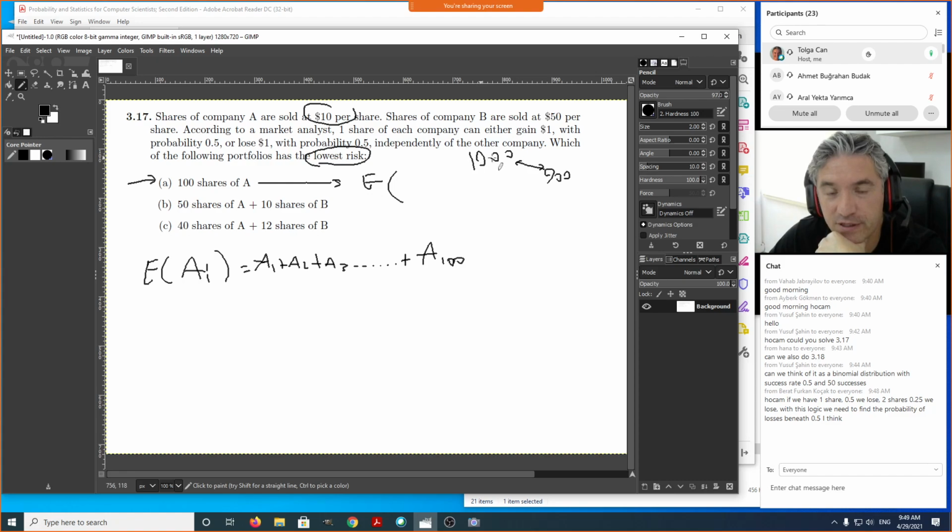Therefore, the difference of the cost we pay versus the expected value of this at the end is going to determine what it looks like. So when you buy 100 shares of A, I think what this question asks us is to treat each of the shares independently, then compute the expected value.